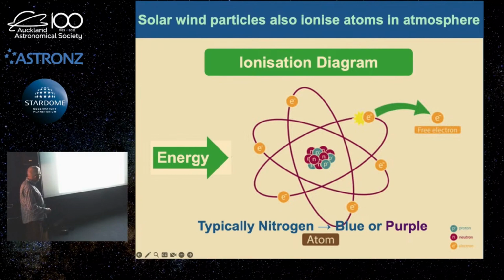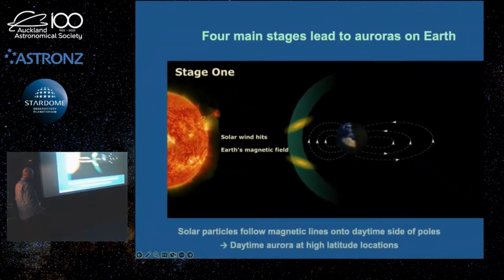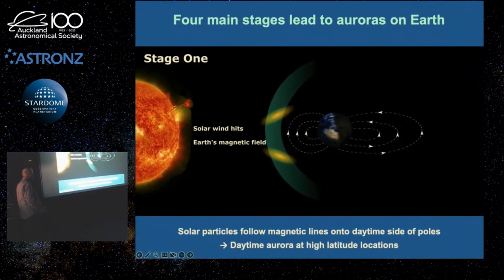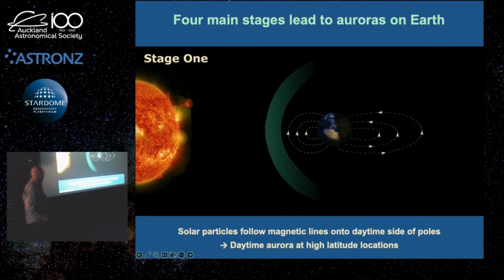With nitrogen, it's typically a blue color, or sometimes, depending on various energy levels and altitude, purple. So that's what's happening between the charged particles and the oxygen and the nitrogen.